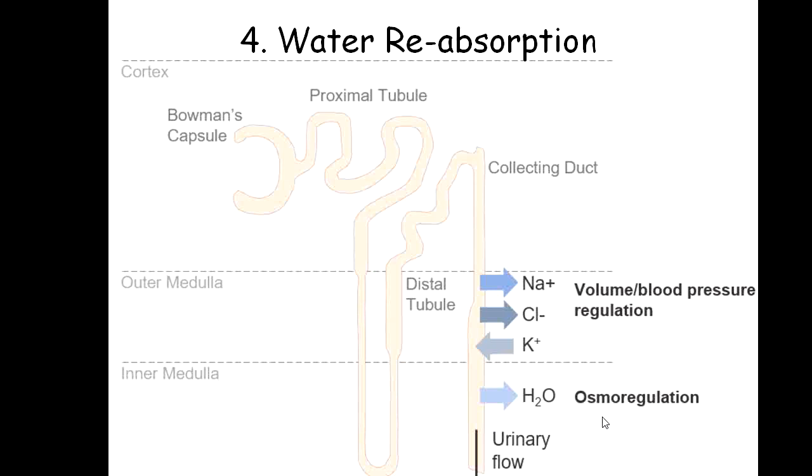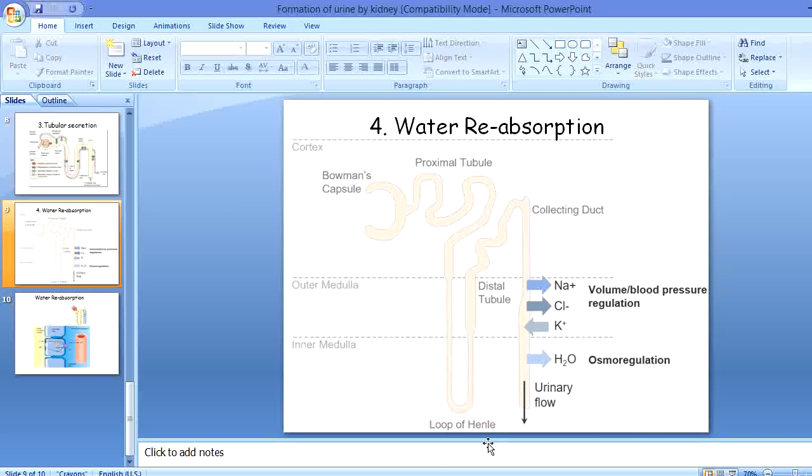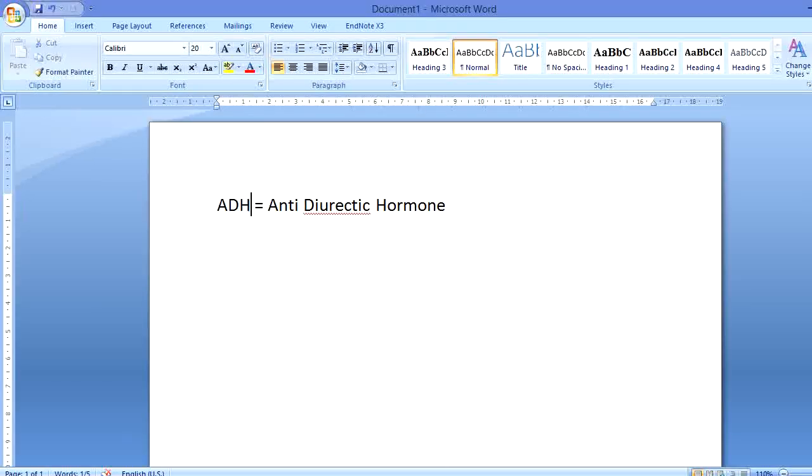If the amount of ADH is low in the body, the volume of the urine will be high. And if there is no secretion of ADH, that is called diabetes insipidus. Diabetes insipidus is the condition in which there is no secretion of ADH in the body.